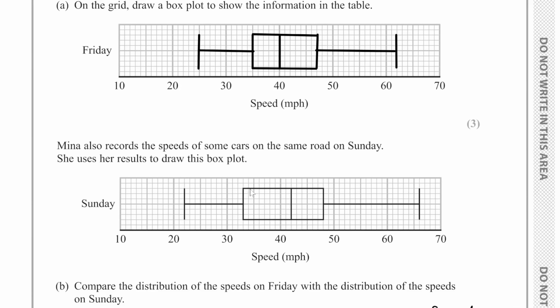And then let's compare the range. We can see that the range and the interquartile range, both of them were higher on Sunday. So you can see that the box is wider on Sunday, so the interquartile range is bigger.